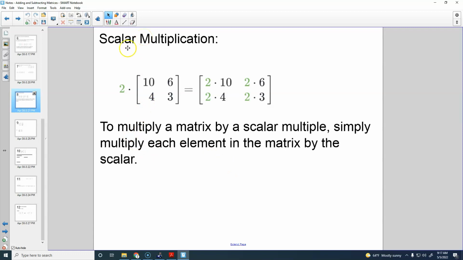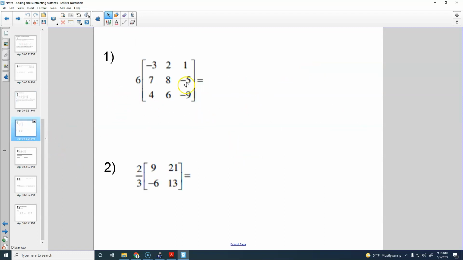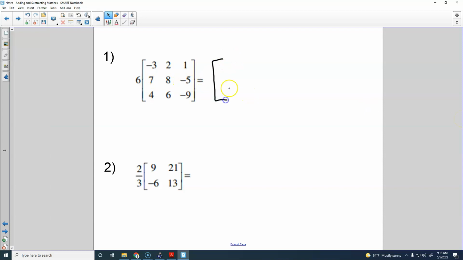Scalar multiplication is when we're just multiplying a matrix by a single number. So if we do scalar multiplication, we just multiply every number in the matrix by that number. So it's basically like just distributing that 2 to all of those numbers there. So if we have something like number 1 right here, if we're multiplying by 6, then we're just multiplying all those numbers by 6.